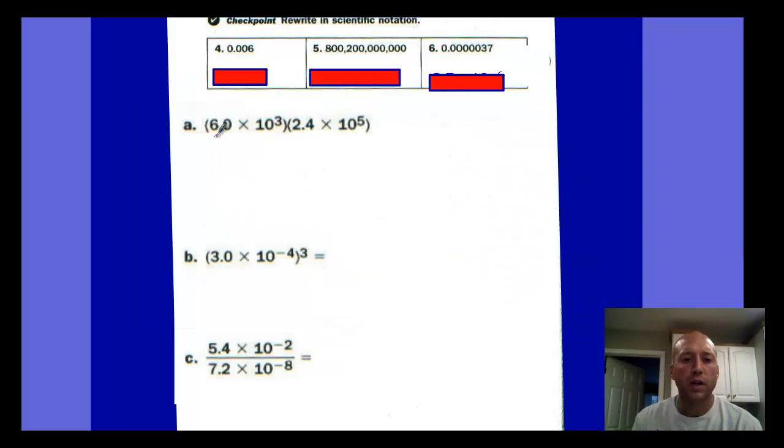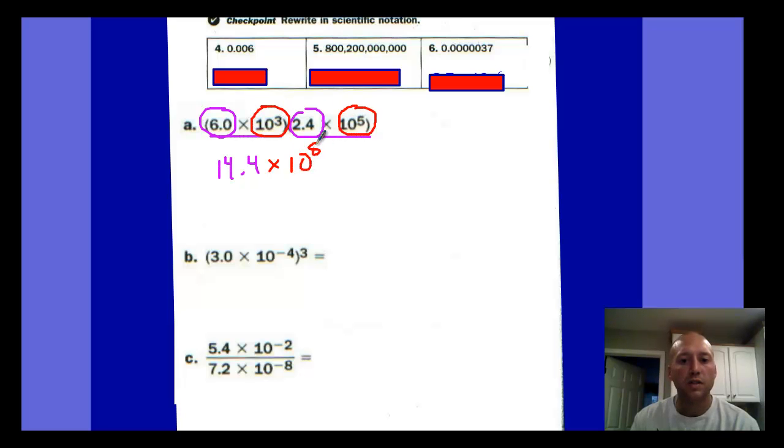Where if you're multiplying two scientific notations, you don't have to put them back into standard form. You can just multiply the parts. So do 6 times 2.4, so that's 12 plus 2.4, so 14.4. And then you can also multiply together their powers. 10 to the third times 10 to the fifth is going to be times 10 to the, what's the exponent?